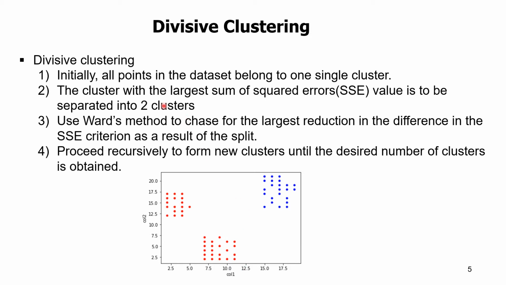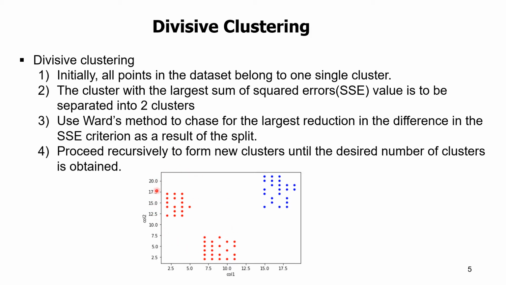When you do that, you choose the cluster with the largest sum of squared errors. In other words, you choose the cluster with the largest variance. That's the cluster you're going to divide. You compute the variance, and it looks like the variance of this one is larger than this one, so you choose this cluster to divide.